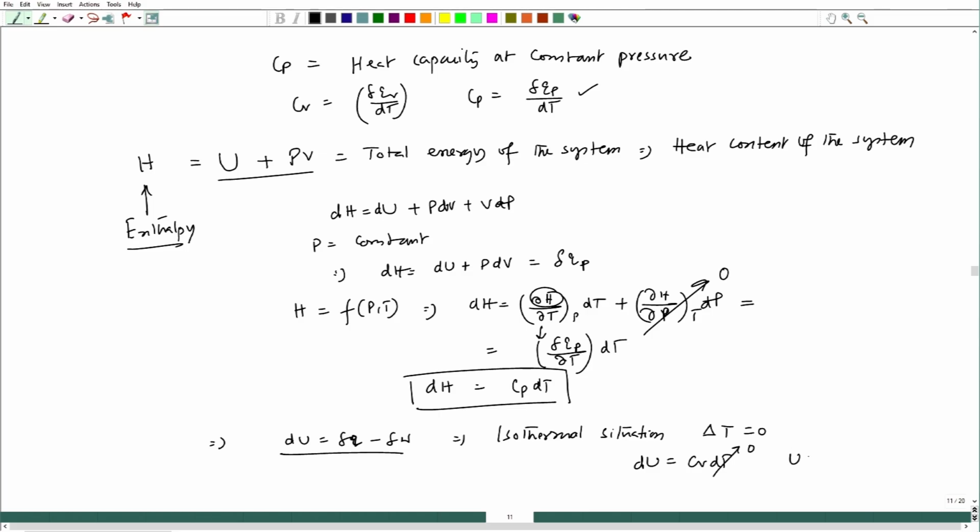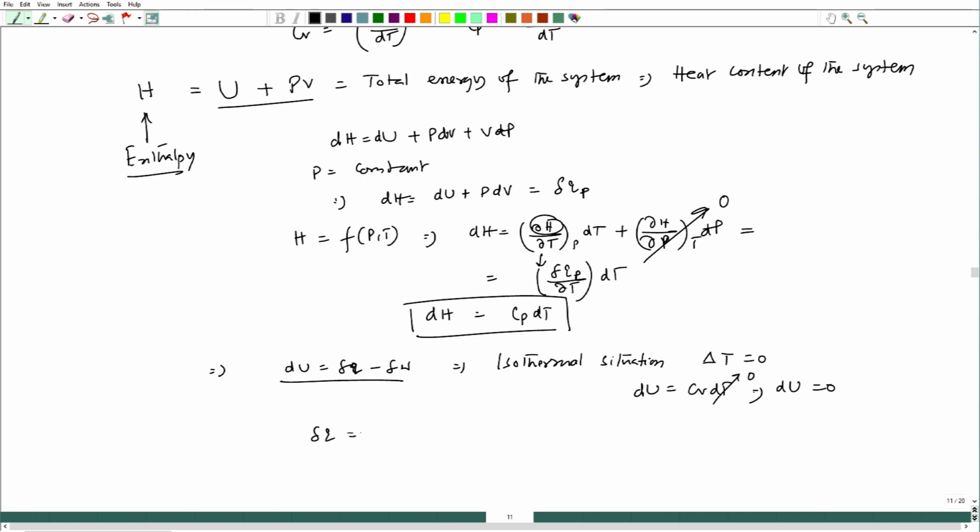So, U equal to 0, fine. If del U equal to 0, then I can write del Q equal to del W from here. Once we write that, this equals P dV, considering it is a reversible isothermal change.